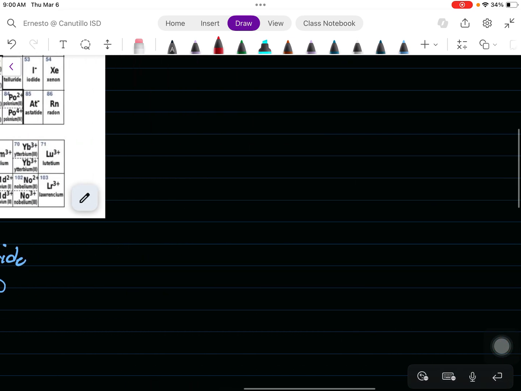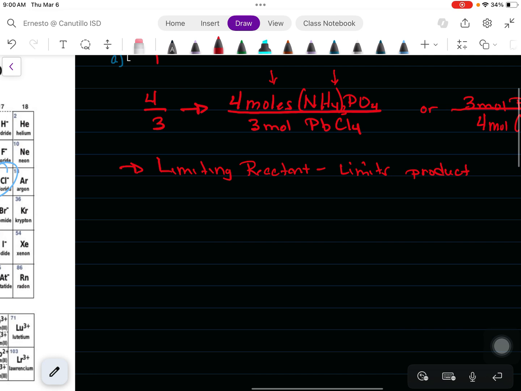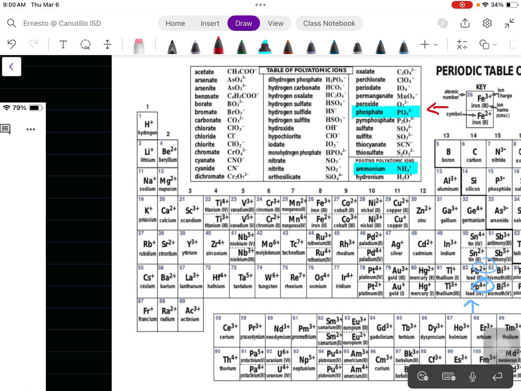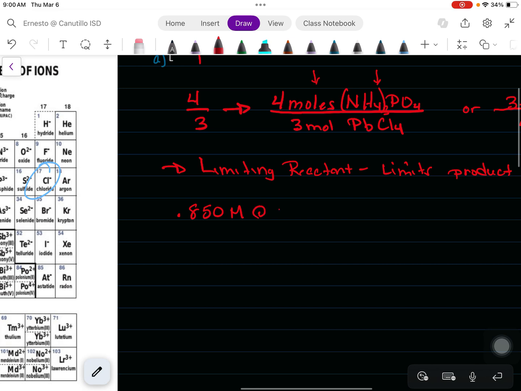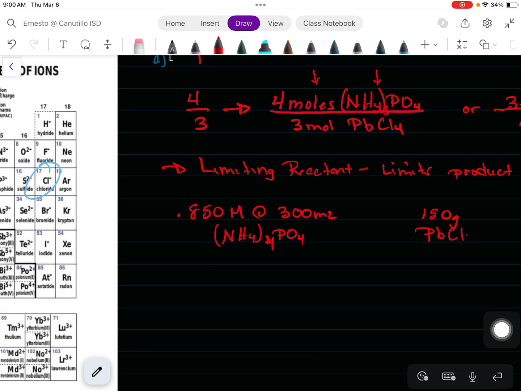Let's write that down. 0.85 molar at 300 mL. And then we have 150 grams. So this is for ammonium phosphate, and this is for lead(IV) chloride.